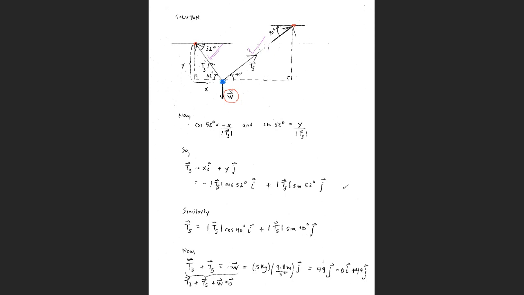Forget that. Okay, so now what we want to figure out is what the tension T3 vector is and what the tension T5 vector is. The T3 vector, we're told, the 3 meter rope makes an angle of 52 degrees with the horizontal.